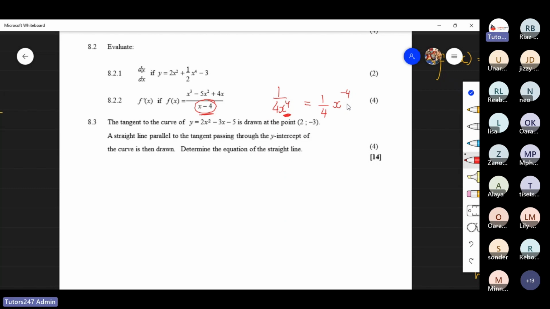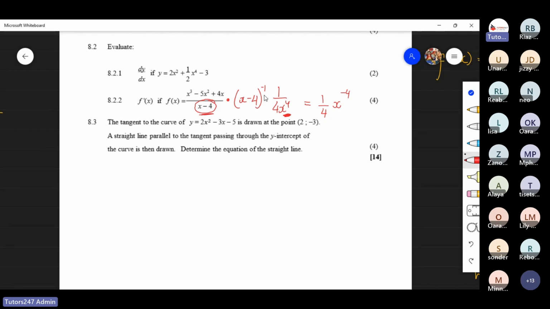But if you look at the scenario on the left, you cannot move x -4 to the top. You can't just move x and leave the -4, it doesn't work like that. If you were to move it, you'd have to move the entire denominator, so it would become x -4 to the power -1. But what do you do then? You're stuck.